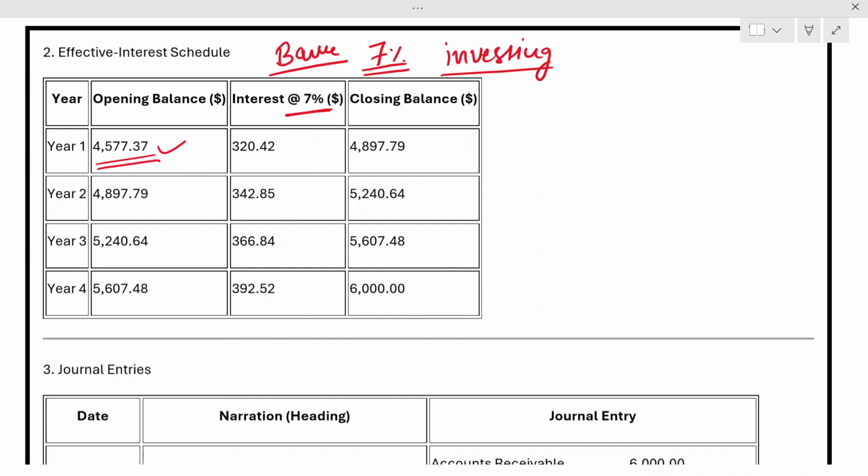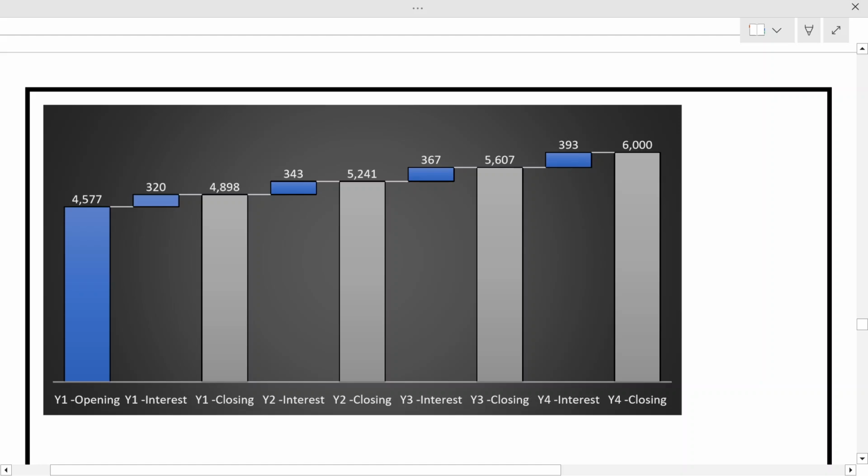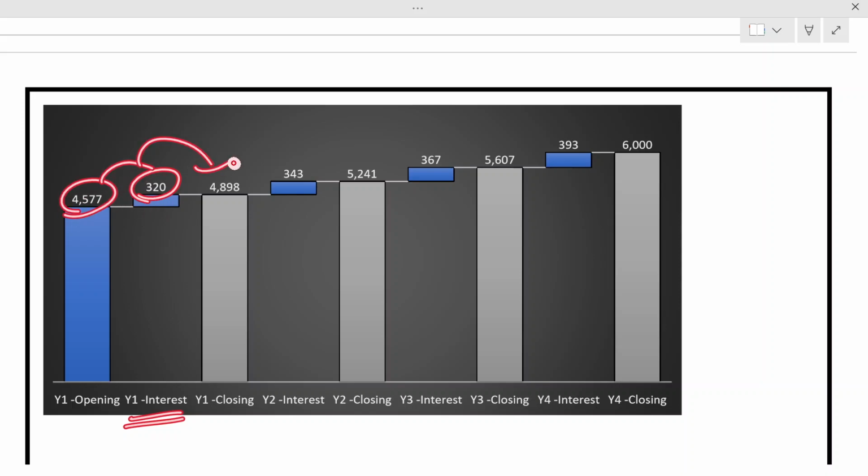Okay, the same thing can be seen through the visualization chart I have just made. At the opening of the year it was 4,577, then in the first year you got some interest, and after adding both of them, this becomes your first year's closing balance, or you can call it the second year's opening balance.